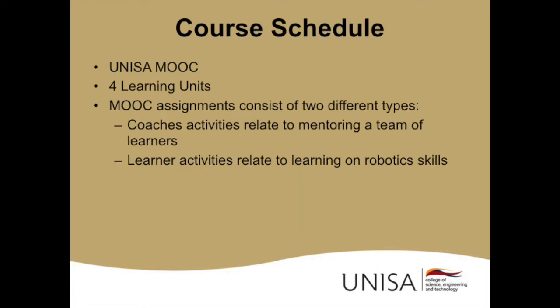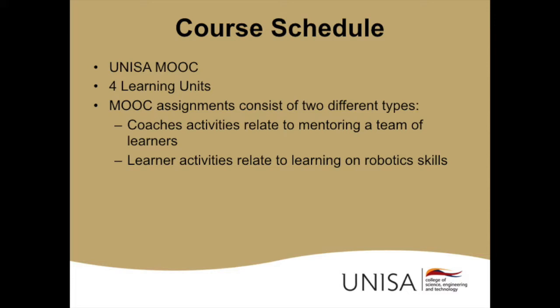So let's have a look at the schedule of the class. This course is a UNISA MOOC and it consists of 4 learning units. Each learning unit has a video in which we explain a new robotics concept. It has a list of tasks that you need to complete, and it also has 2 different sets of activities.